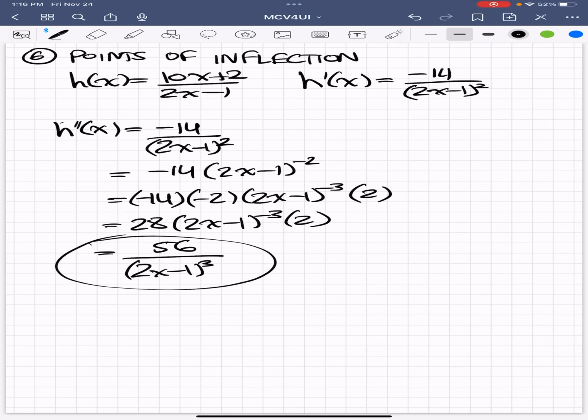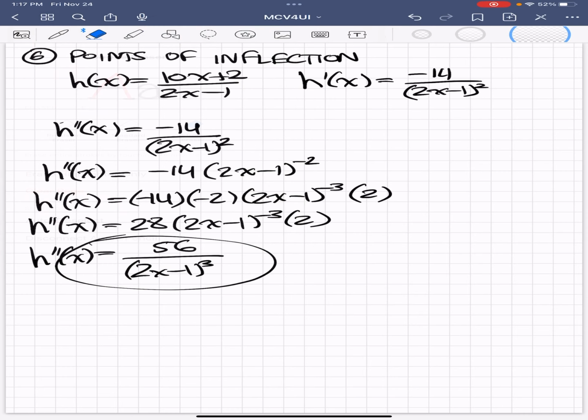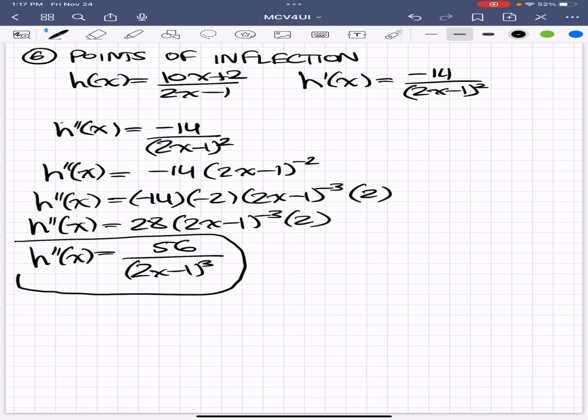So there's our second derivative. And again, when we set this derivative equal to 0, there are no solutions.